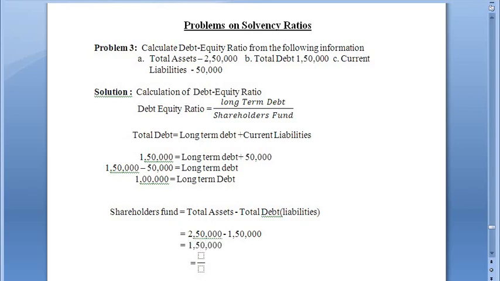I hope you understood the calculation of shareholders fund. We can find out shareholders fund with the help of the existing formula.